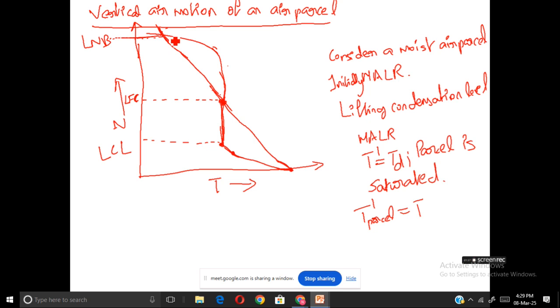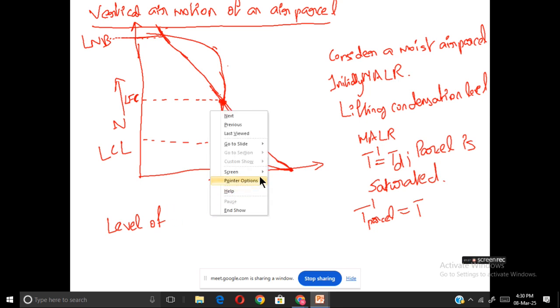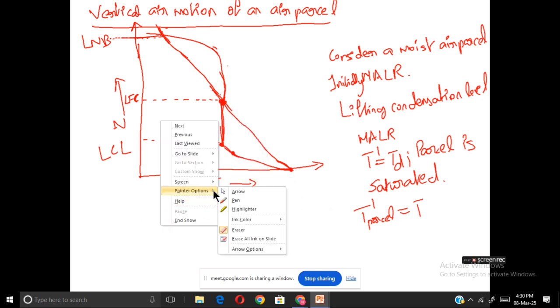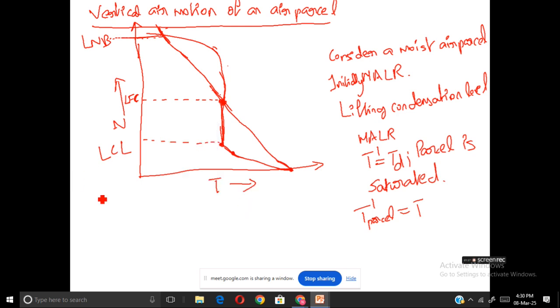So we have three different levels. The first one is the lifting condensation level.